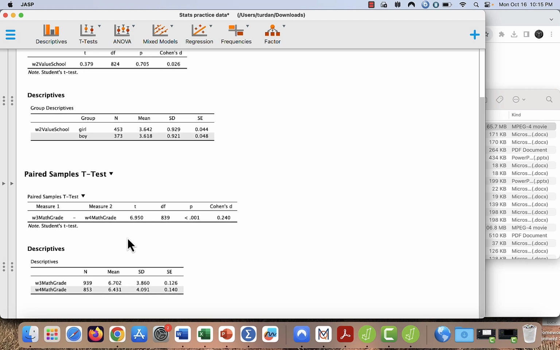Okay, so looking at this now, we see our t-value is statistically significant. Therefore, we reject the null hypothesis, and we conclude that the change over time in average math grade was statistically significant. There's a difference between the end of first semester math grade and the end of second semester math grade in this population.